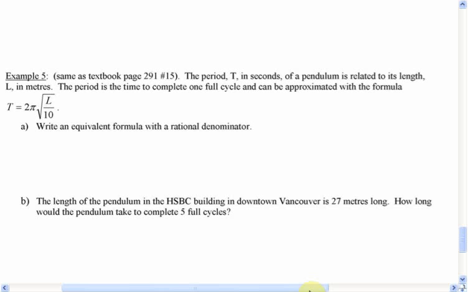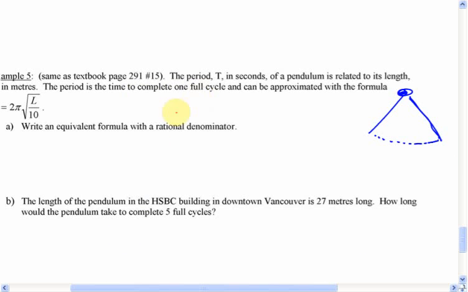Now, the period is the time to complete one full cycle. If you want to draw a picture, imagine this is like a pendulum and it swings from one side to the other side. The time it takes to complete one full cycle, the time to go from one side to the other side, that's what they call the period.